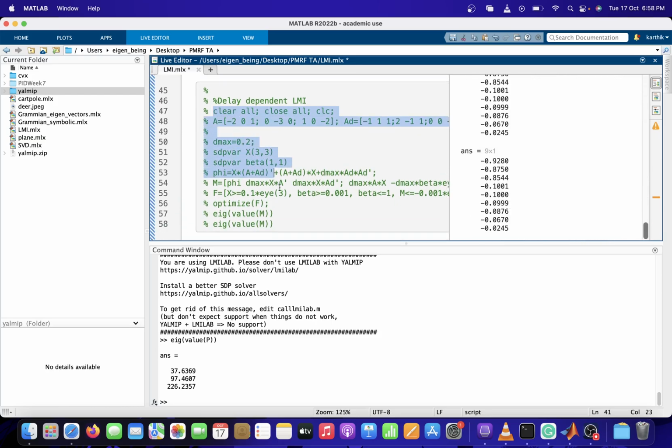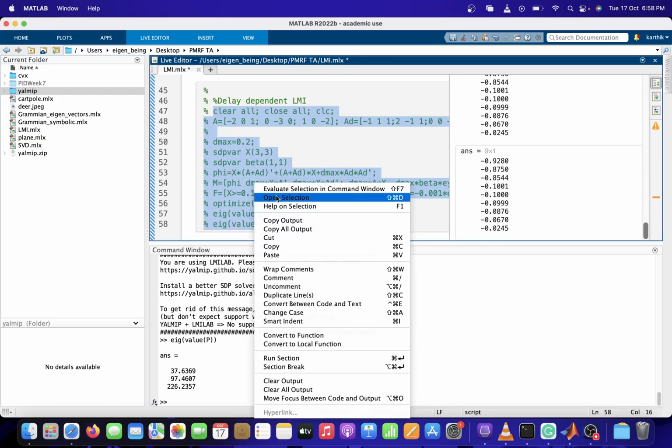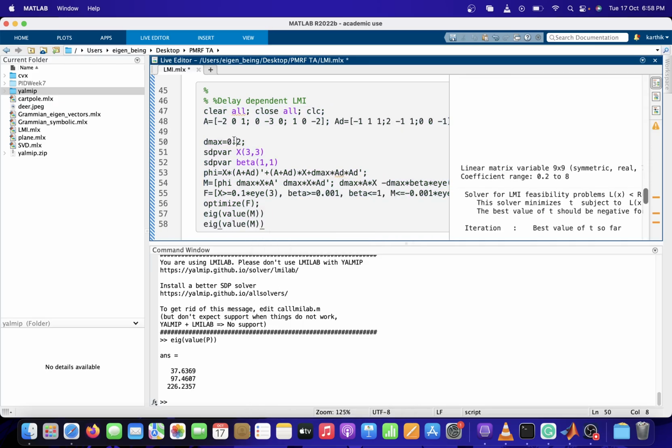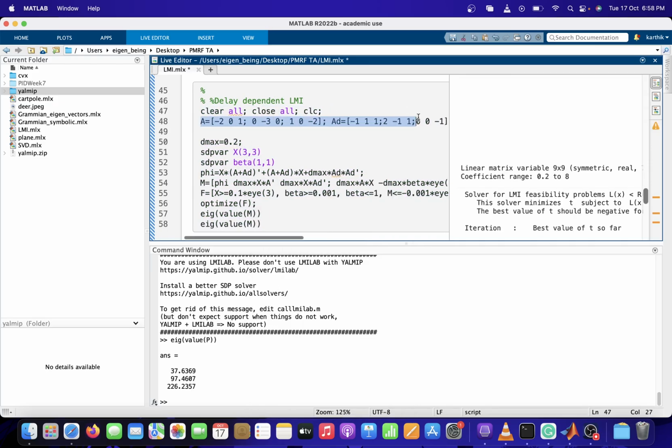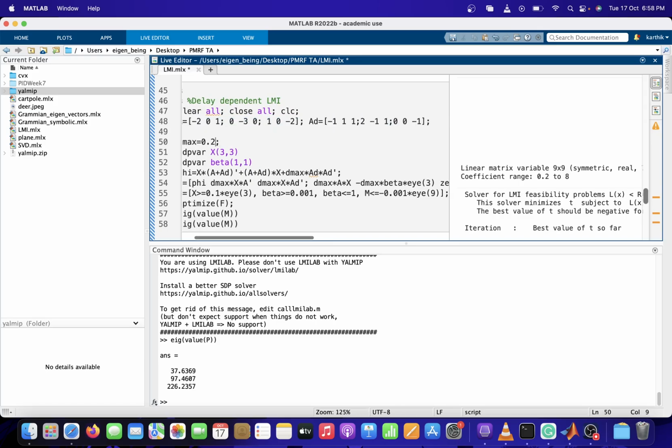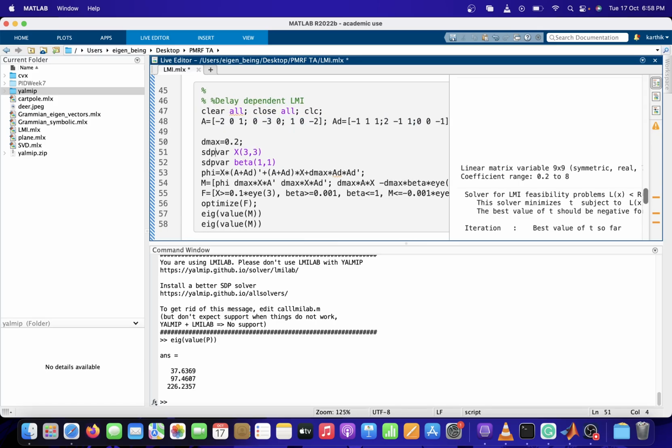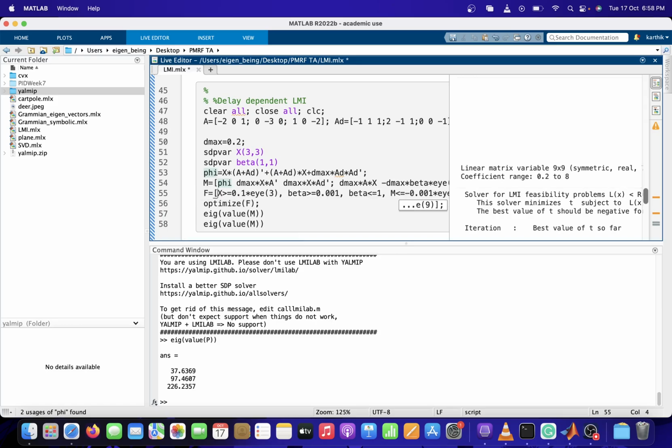Now let's look at delay dependent stability. You have an A matrix, a delay matrix. I have made a maximum delay of 0.2. I have declared two SDP variables x and beta, and whatever we have discussed, I have given these constraints.